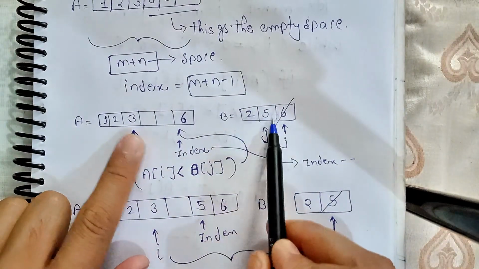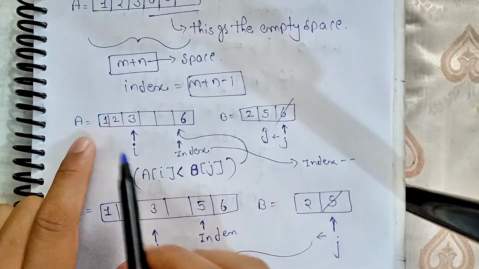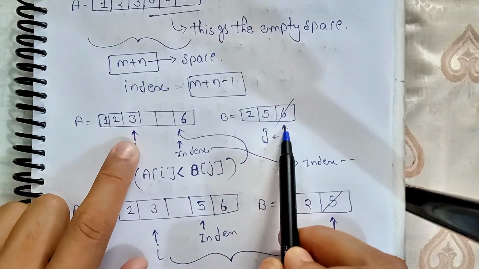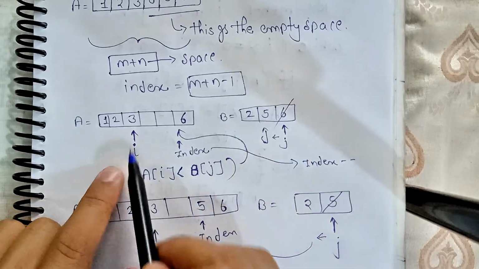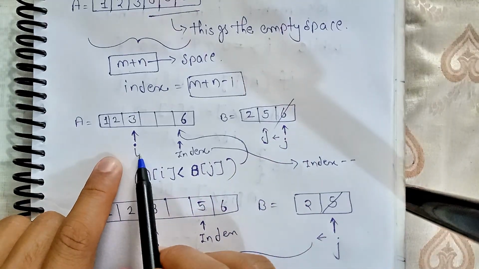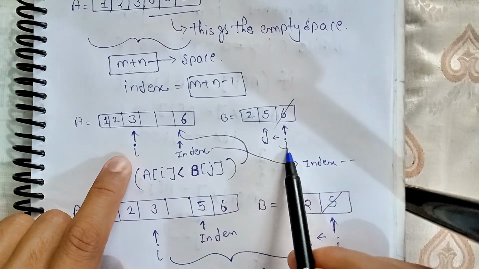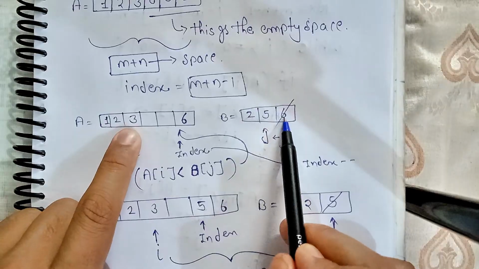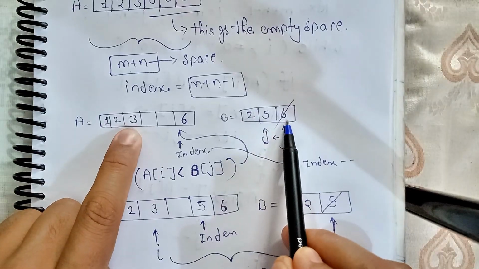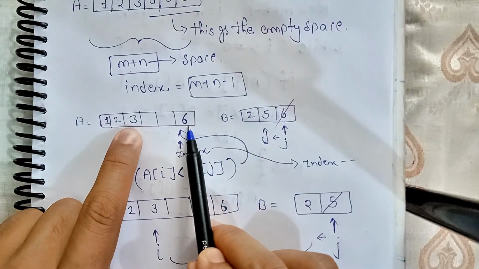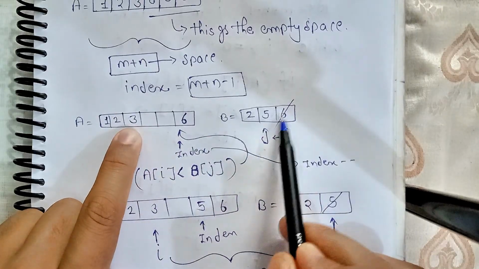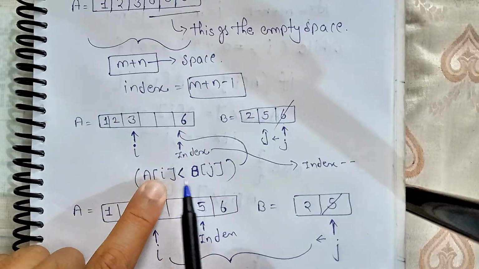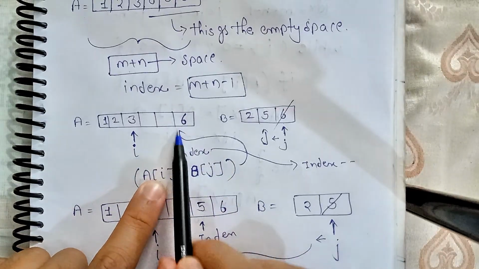We start the comparison from the end of the arrays. Here we have given the index i, and here we have given the index j. Comparing these two elements, this value is higher, so the higher value is stored at the last space. A of i is less than B of j, so B of j is stored over here.